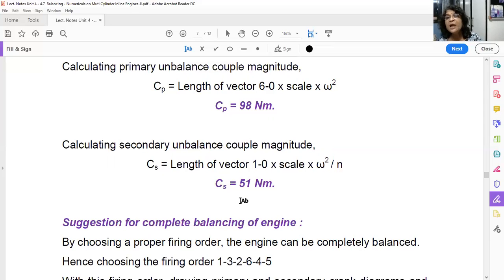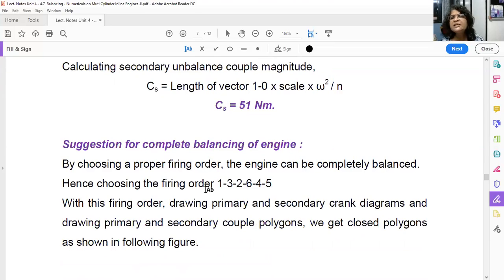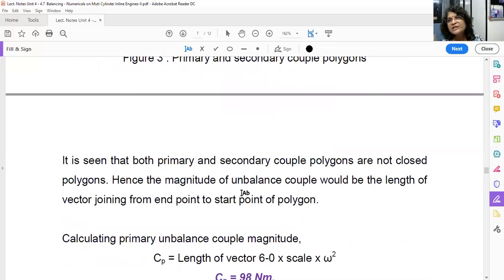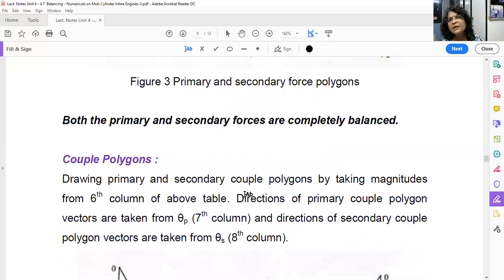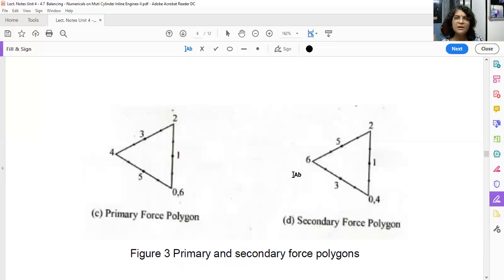Now the primary unbalanced couple is there, the secondary unbalanced couple is there. Can you balance it? Yes, definitely. How will you balance it? By just changing the firing order. When you change the firing order, the force polygon will not change. For any type of firing order, the primary force and secondary force polygons will be the same.